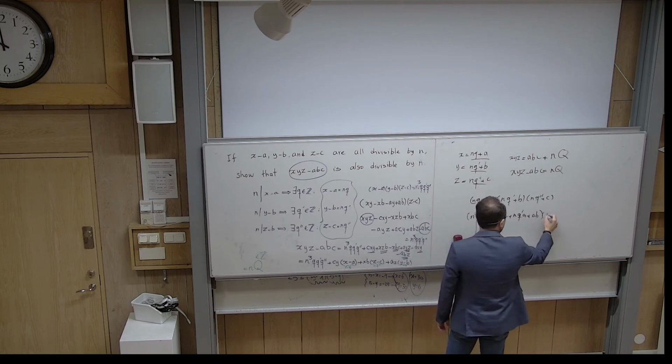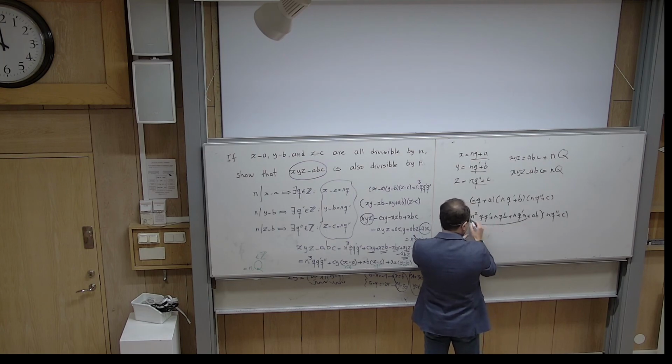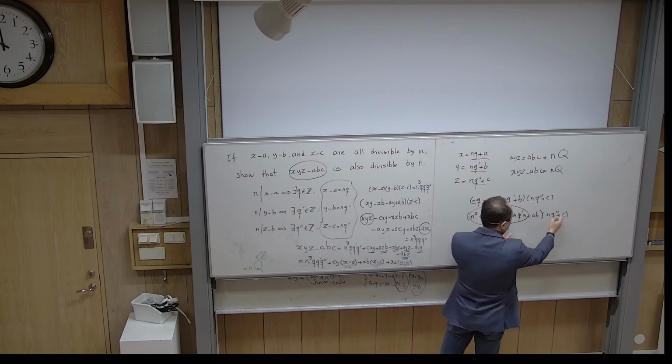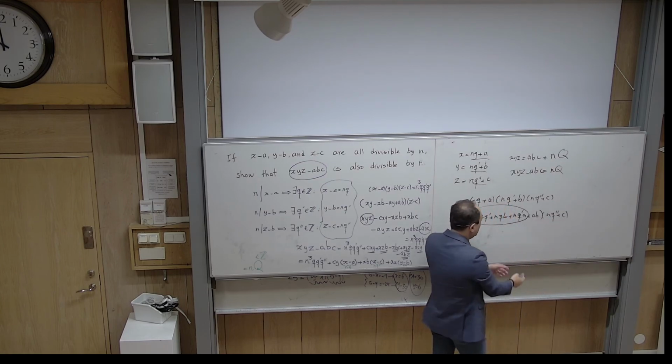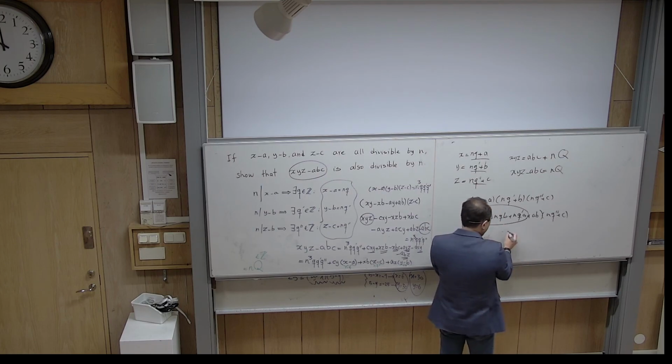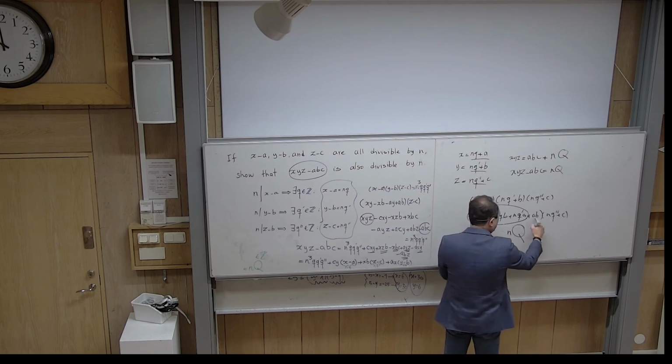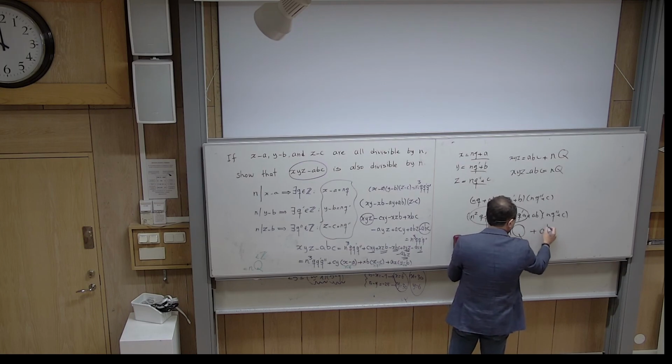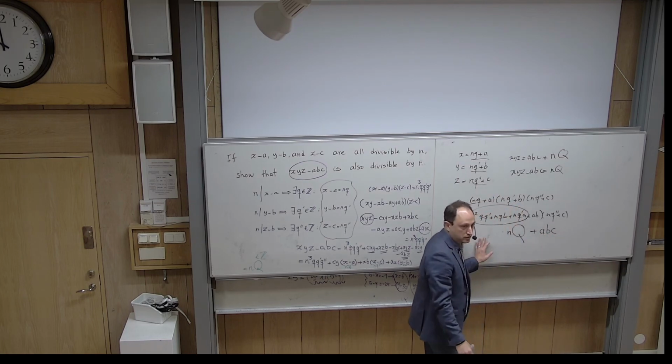I do another multiplication. So from here, I don't need to be worried because this is a multiple of n. When I multiply here and there, it becomes a multiple of n. And then this one times that one is also a multiple of n. So at the end, I have a multiple of n, but the only thing that is not a multiple of n is abc.